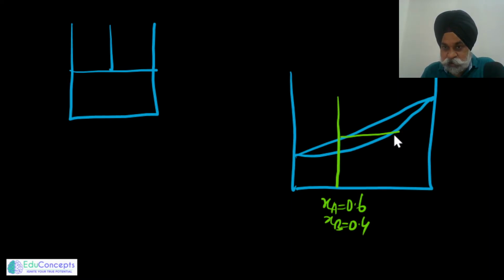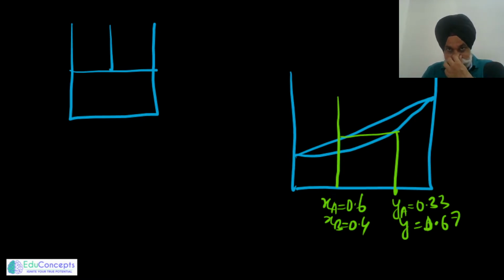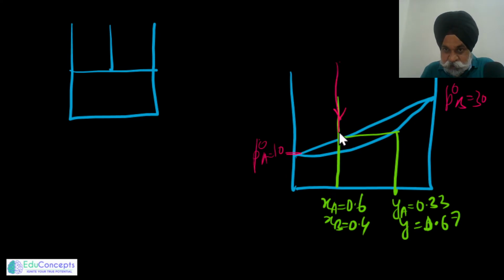Corresponding to this, we found that YA was 0.33 and YB was 0.67. Till this point we are clear. The pressure P naught A was 10, and P naught B was 30. Now what they are saying is, if I am moving from this line downward, I am decreasing the pressure.